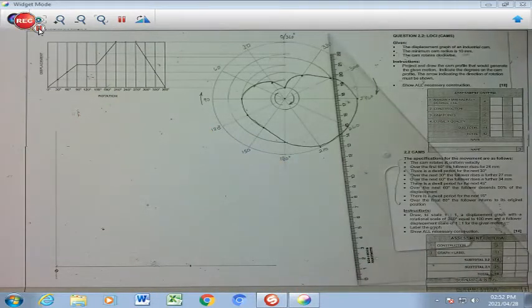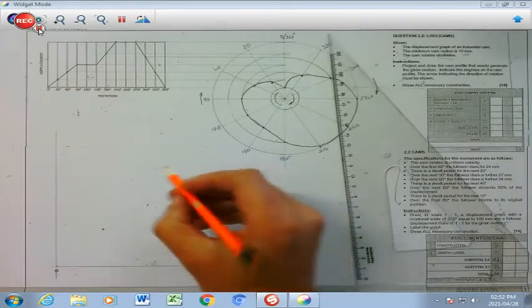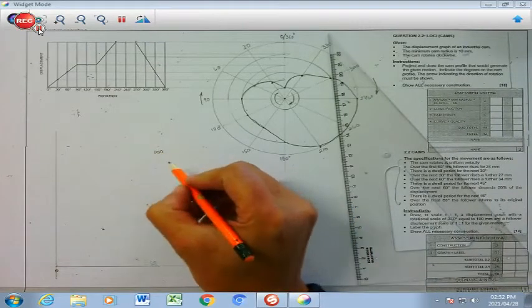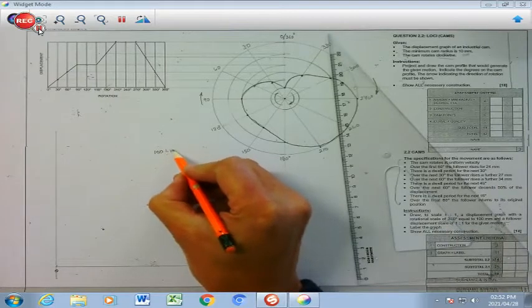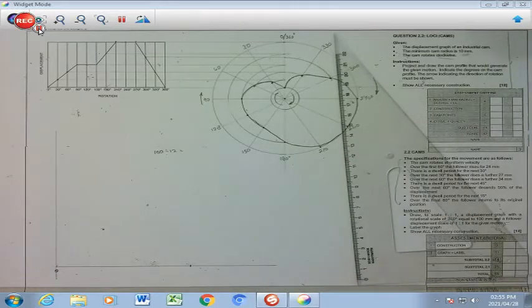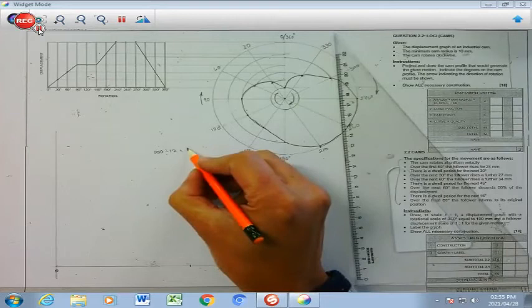So what you need to do is a bit of a calculation. You need to say that 100 divided by 12, and you need to get an answer which is going to be your spaces in between to form your 12 spaces for the displacement diagram. That answer is going to give you 8.3.